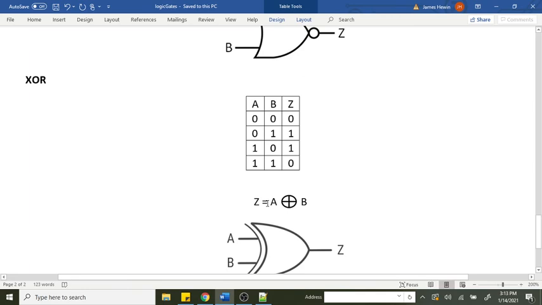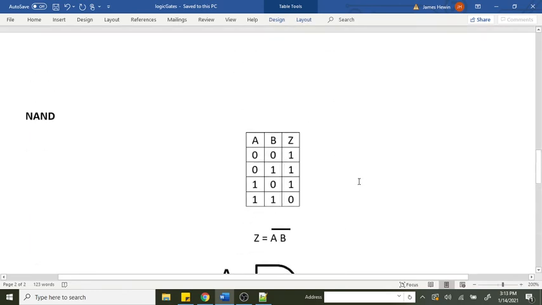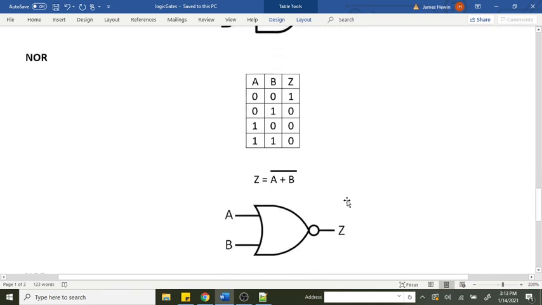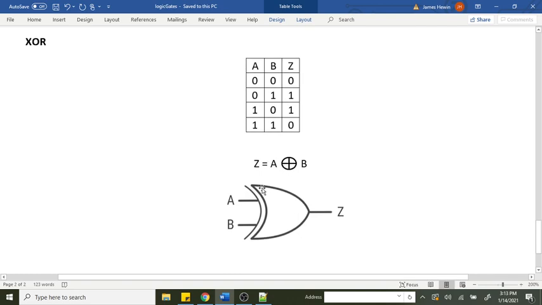We put a circle around the plus sign to indicate exclusive OR rather than inclusive OR, which would just be the plus sign. Okay. And then on the OR gate, we just put a little tail or fin on the back side of the OR gate to denote that it's an exclusive OR.